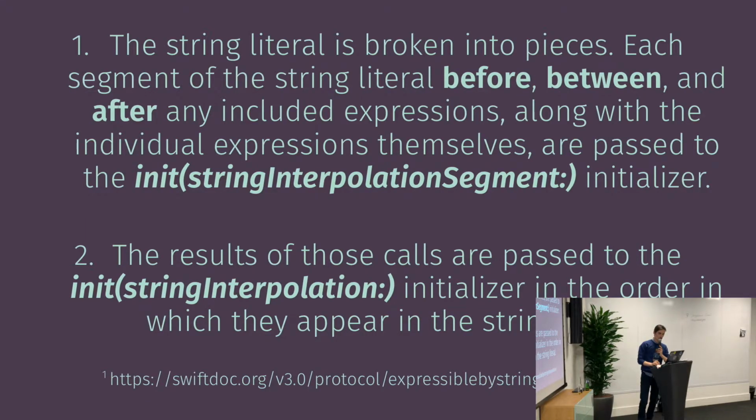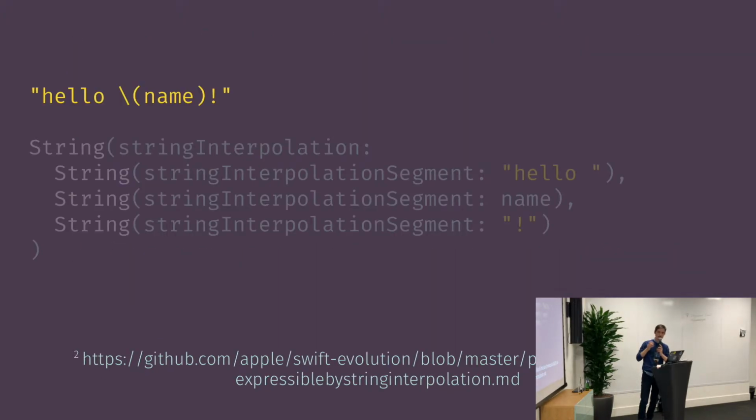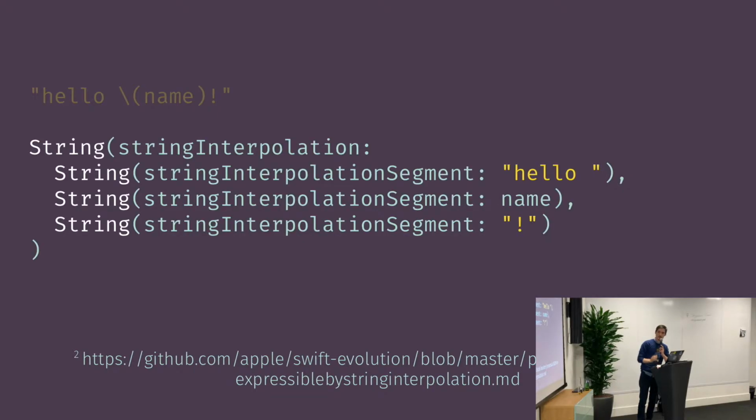So basically, from this description, we can realize that string interpolation is just syntactic sugar, and the compiler, at compile time, will convert, for example, this simple expression "Hello \(name)" to code that will look kind of like this.